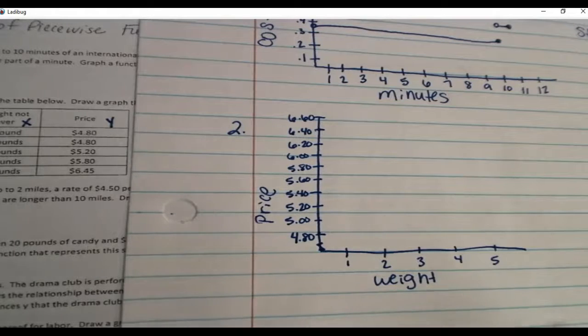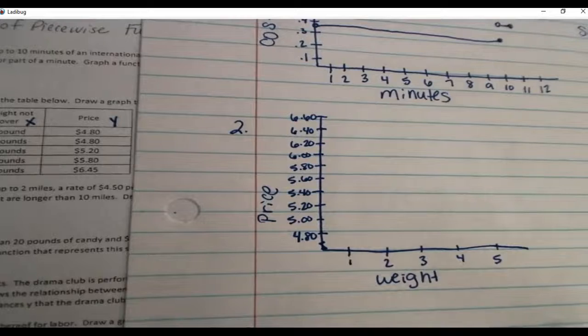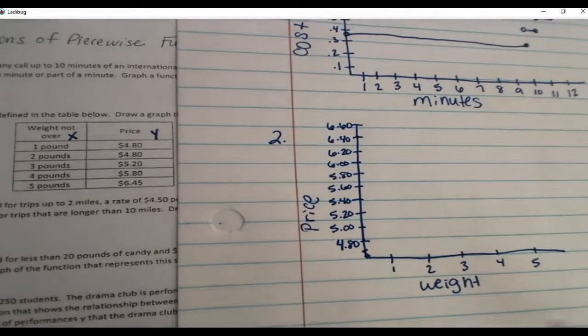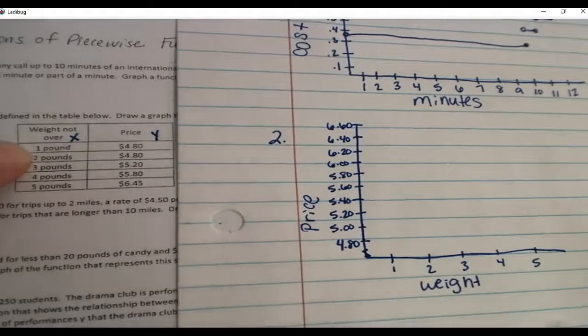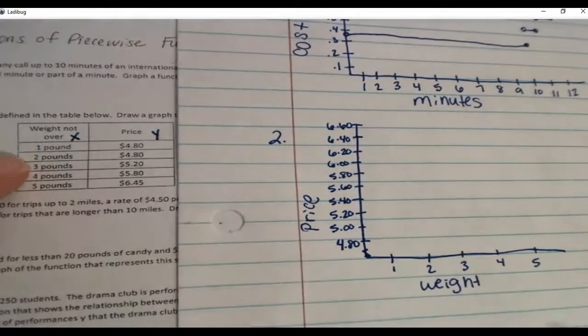Okay, so if we look at the table, it says weight not over 1 pound, 2 pounds, 3 pounds, 4 pounds, 5 pounds. If it says weight not over, that means it can weigh 1 pound, but if it weighs 1.0001, you have to jump up to 2. If it weighs anything over 2, you jump up to 3. Anything over 3, you jump up to 4.